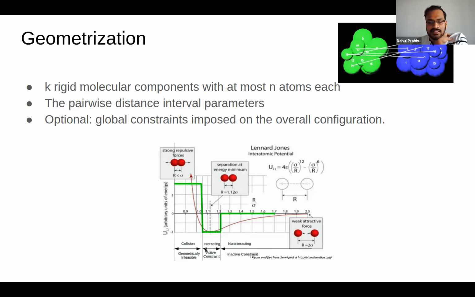And if it's within this Lennard-Jones well interval, then we say that those atoms are in an active constraint. What I've shown here on the top right should give you some idea. You have these protein molecules, and these atoms are numbered. When I draw an edge between 2 atoms here, it means that their pairwise distance is within this Lennard-Jones well, and they're interacting.